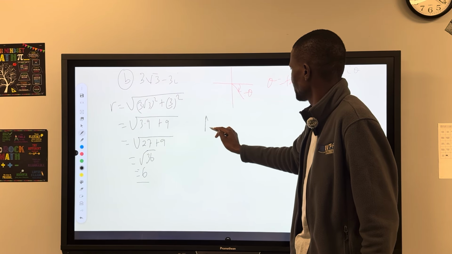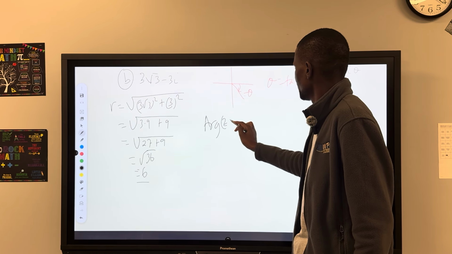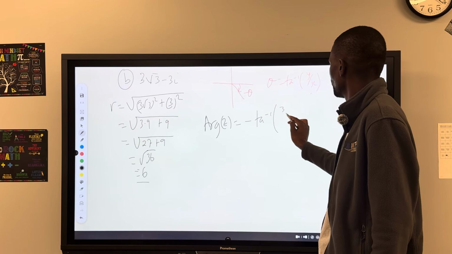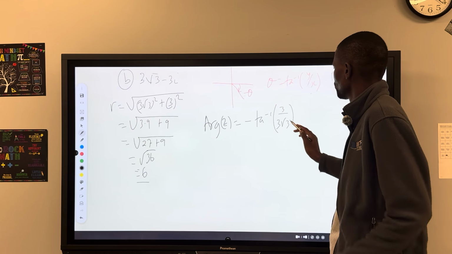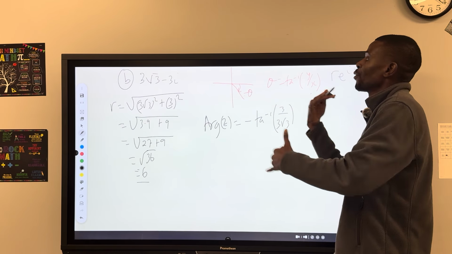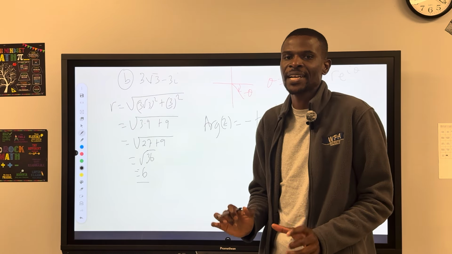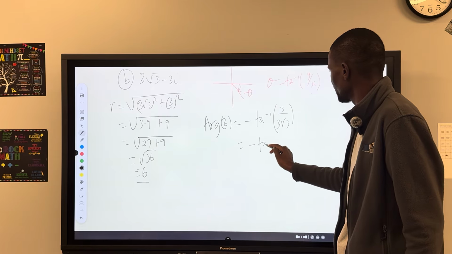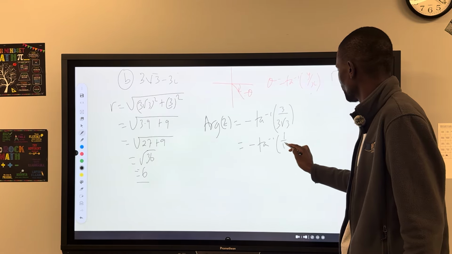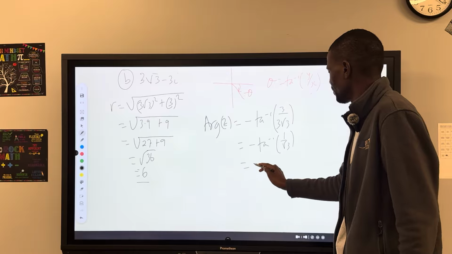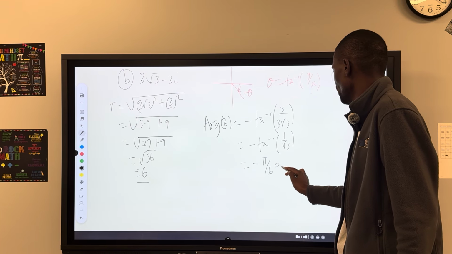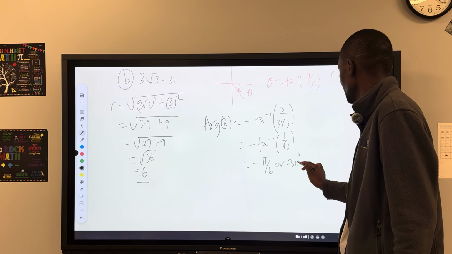So our argument, arg z, is equal to negative of arctan of y over x. Make sure you don't put the negative inside, because I've already identified the quadrant in which this complex number lies. It's going to be negative arctan of 1 over root 3, which is negative pi over 6, or negative 30 degrees.